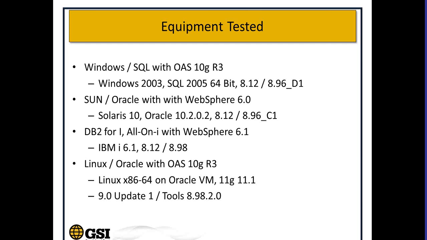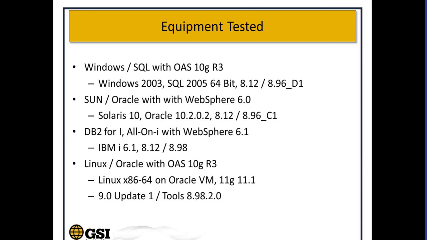I wanted to collate all that into one source. If we go through it, you look at the Windows SQL, Sun Oracle, the DB2. This is an all-on-i, standard i-series type configuration where everything's running on a single box, and then a Linux Oracle implementation running on Oracle VM.